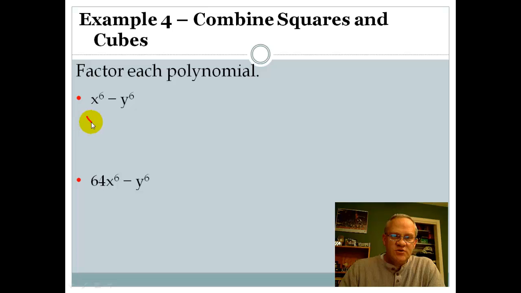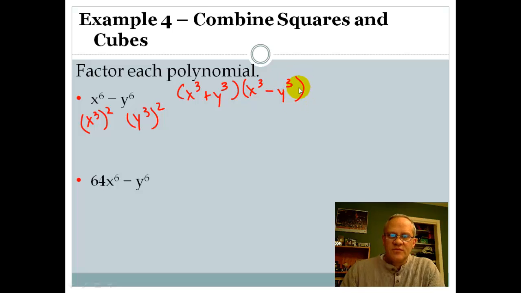So that means this could be written as x to the 3rd squared and y to the 3rd squared. Because remember, for difference of squares, when you get your 2 things here and you write it as x to the 3rd plus y to the 3rd, and then x to the 3rd minus y to the 3rd. So now you're left with difference of cubes.